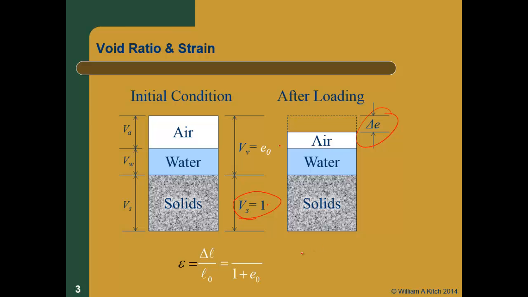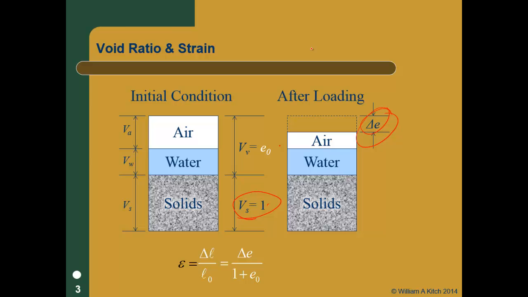And what's delta L? Delta e, right? So that is the normal strain. It's delta e divided by 1 plus e0. So that's the relationship between strain and void ratio change.